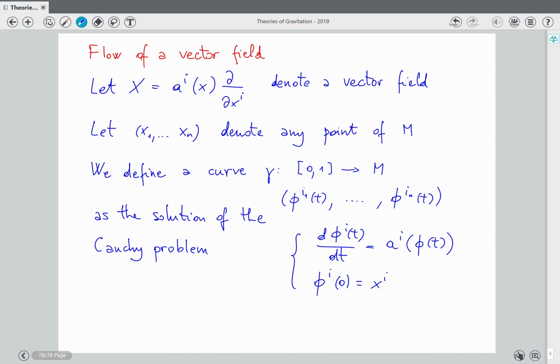So given those functions ai of x, you can define this Cauchy problem, first order differential equations with initial conditions. It will admit one and only one solution, so that will be a curve. And if you start from another point, you will have another curve, and so on and so forth.